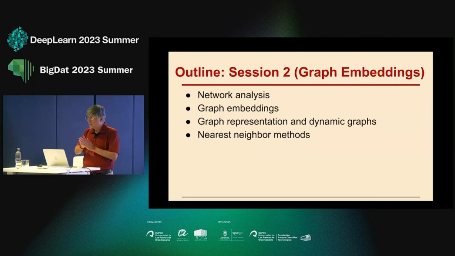For my second session, I'm going to talk about how you do machine learning on graphs, or in particular, how you turn graph data, network data, into features for machine learning models.